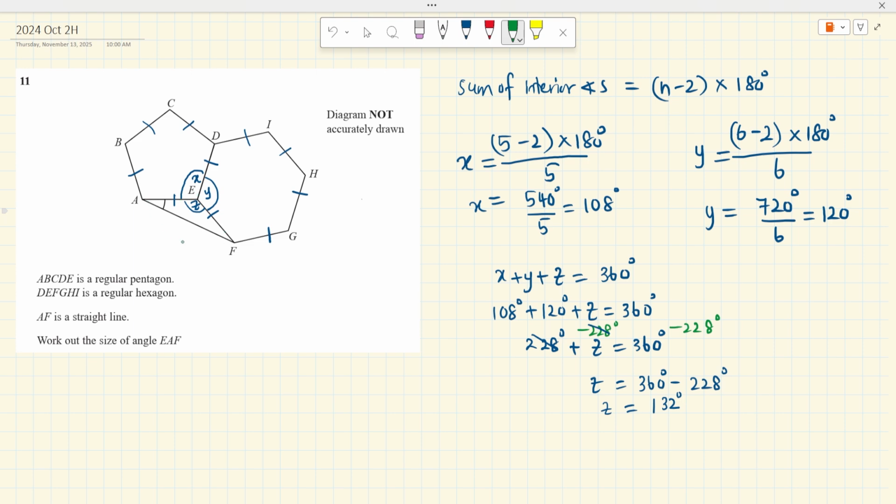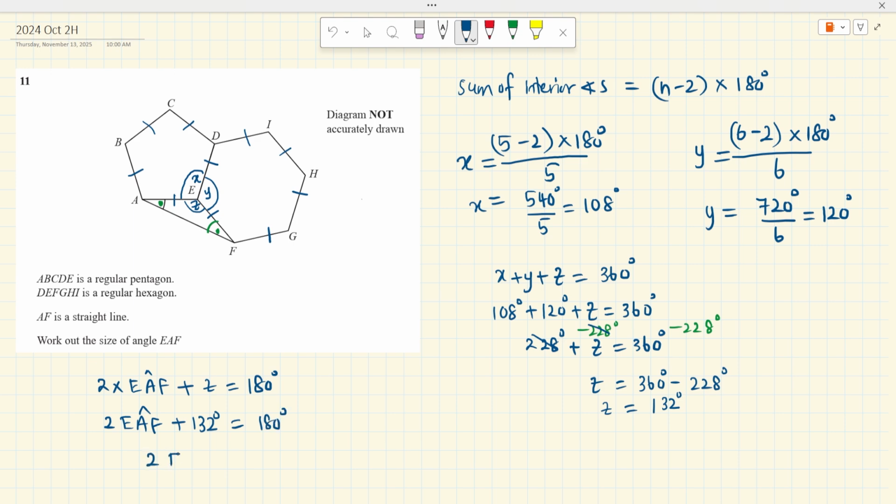AEF is an isosceles triangle. Then EAF, that means this angle, and EFA, this angle, are equal. Then I can write 2 times EAF plus z equals 180. 2 times EAF means 2 EAF plus 132 equals 180.